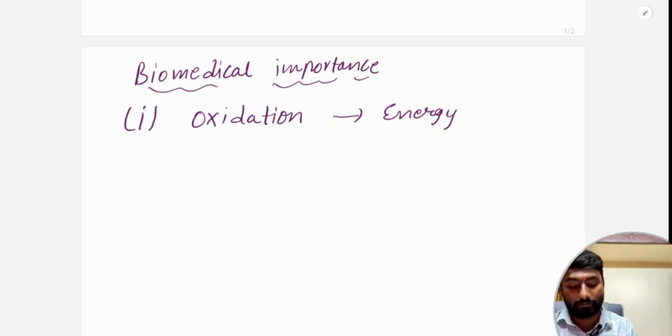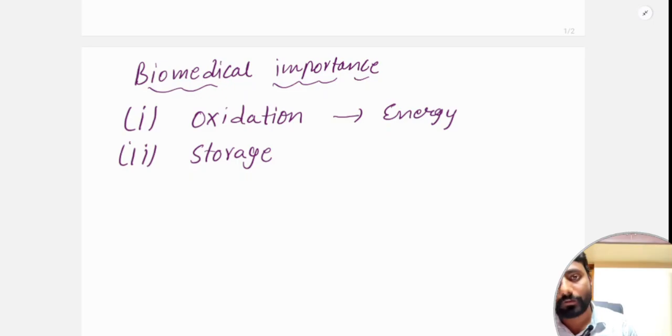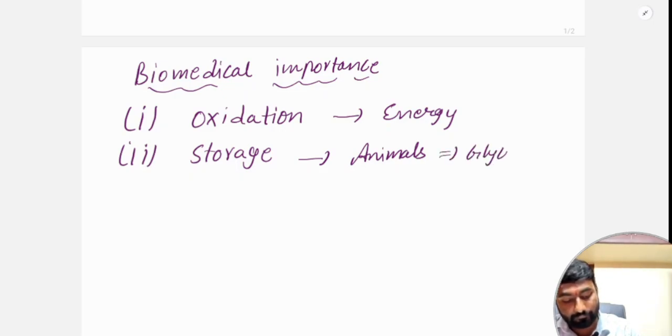Now they are stored, to be used later for energy, in animals in the form of glycogen, and in plants in the form of starch.